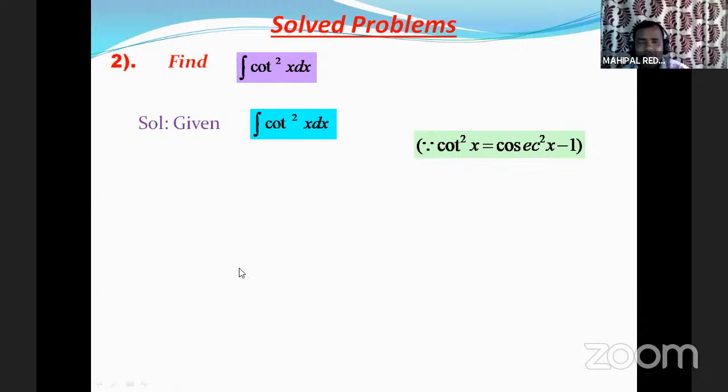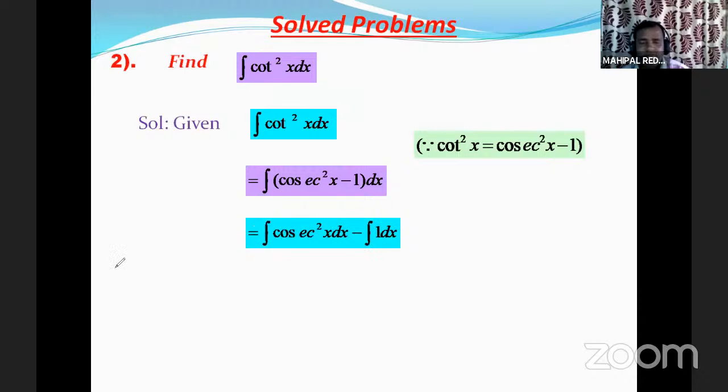So I am going to substitute here. Cot square x is cosec square x minus 1.